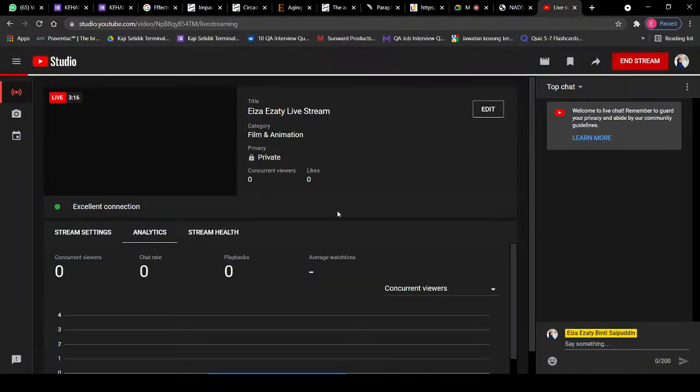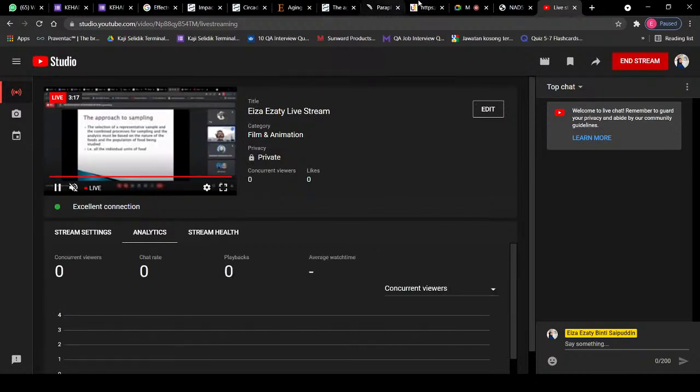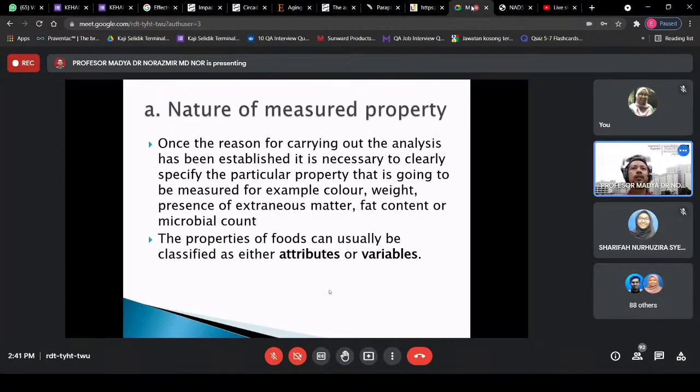Okay. So the nature of measured properties. The reason we're carrying out the analysis has been established, to measure such as color, weight, the presence of extraneous matter, the fat content, or microbial count.